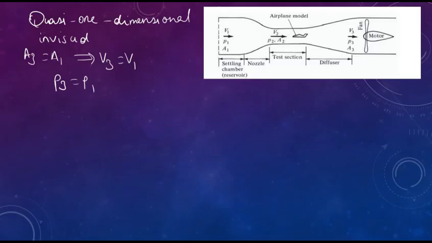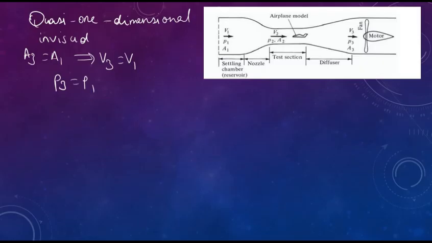Now here come some of the drawbacks of Bernoulli's equation. The drawback is that Bernoulli's equation does not take these losses into account. That is, whatever losses take place because of the friction at the wall, Bernoulli's equation is not considering them.